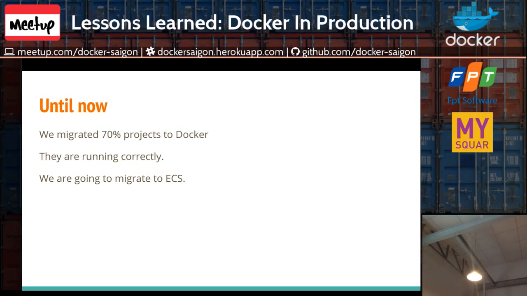Because I see that you mentioned OS and Kubernetes, I think you apply it to your system. Yeah, ECS, EC2 Container Service of AWS, it's like Kubernetes, like Docker Swarm, and we have a plan to migrate to ECS.